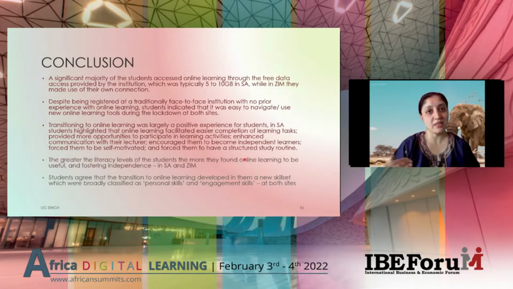When we did the correlations, they showed that students who had better literacy skills found it easier to transition to the online environment. And finally, students did agree that they developed certain skill sets in this move to the online space, and these were grouped together as personal skills and engagement skills, which was found at both sites.